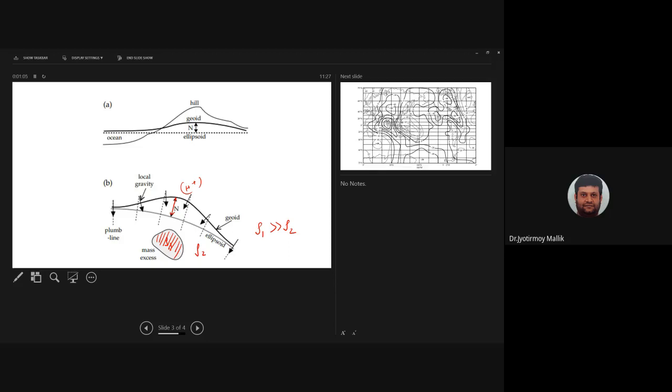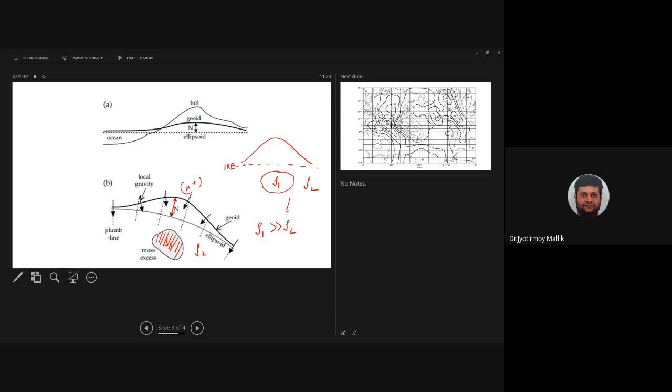Now, the interesting thing will be, suppose I have a hill, this is my topography, and here is my IRE, and here also beneath this I have a high density mass, okay, rho 1, rho 2, rho 1 is greater than rho 2.